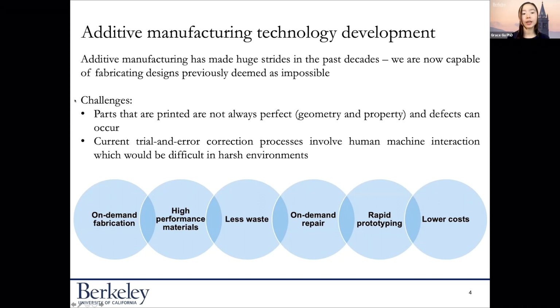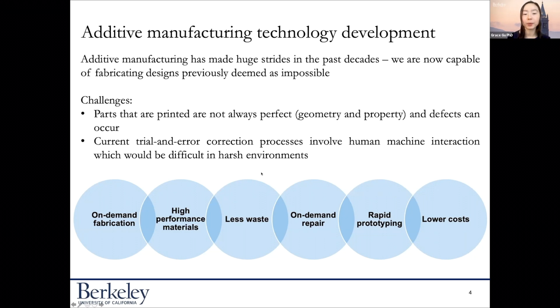Currently, the way we correct for defects during printing is through trial and error. We're just changing these process parameters in real time. We're going to increase velocity by 1, or increase flow rate by 1. However, this can be very inefficient, right? So is there a way we can do this automatically?